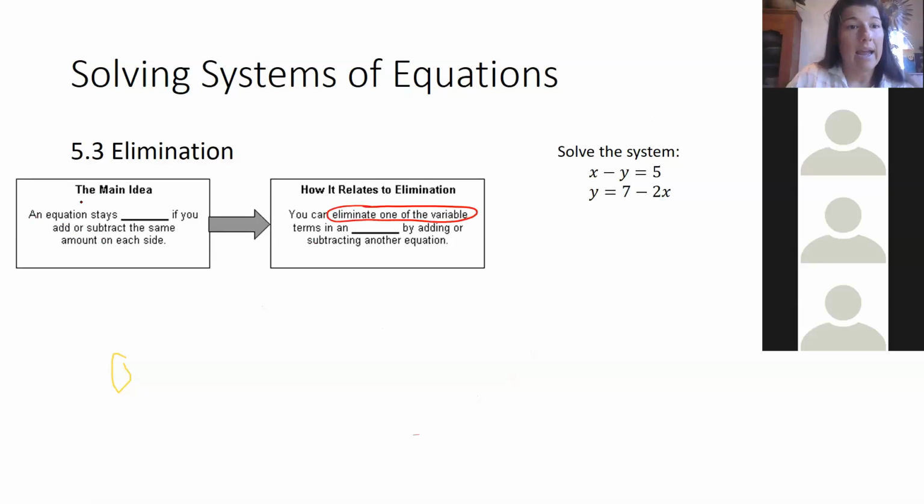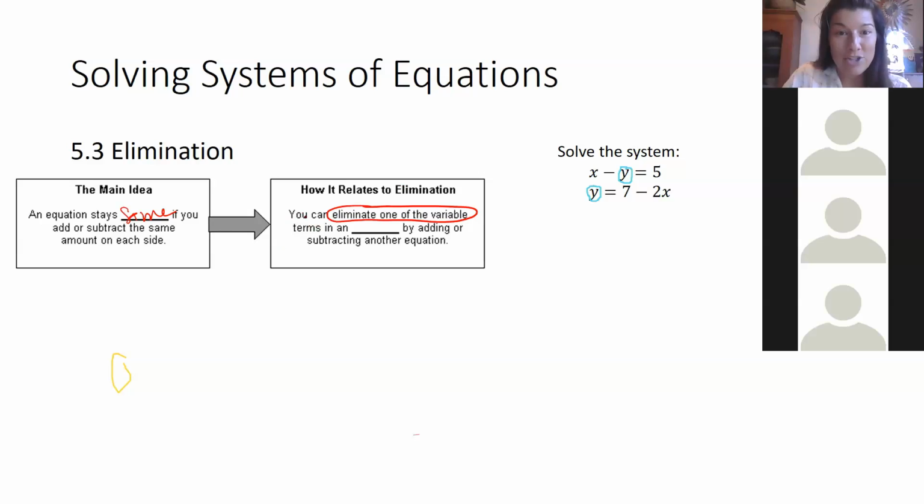Okay. Main idea is an equation stays balanced if you add or subtract the same amount to each side. So if we're balancing, an equation stays the same as long as you add or subtract the same value to both sides, okay, which we're going to be doing here, which we have been doing.